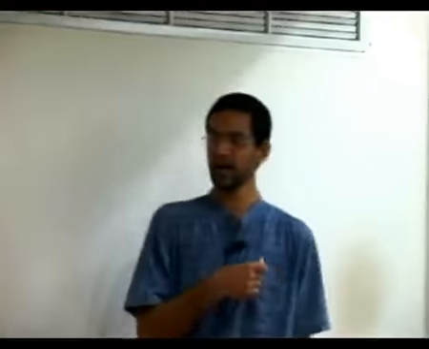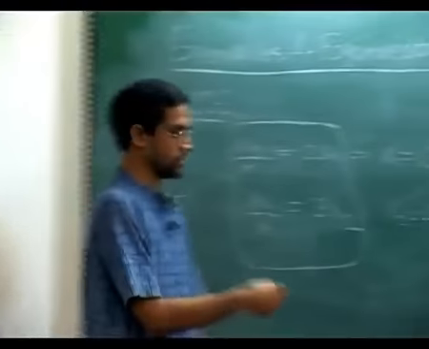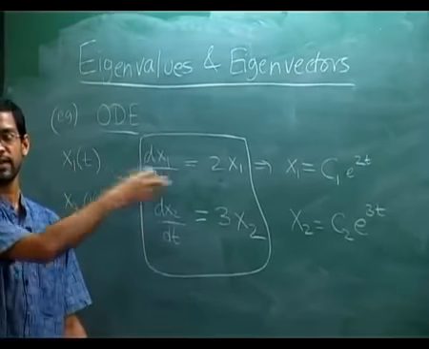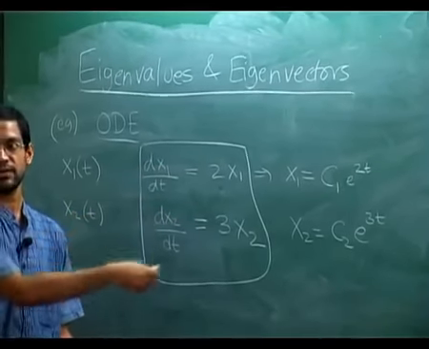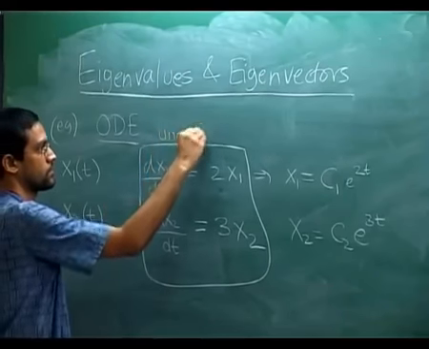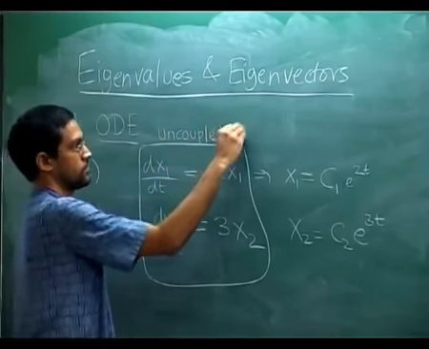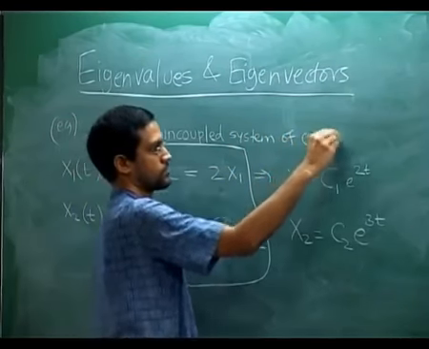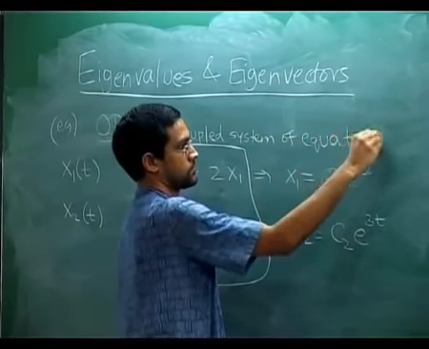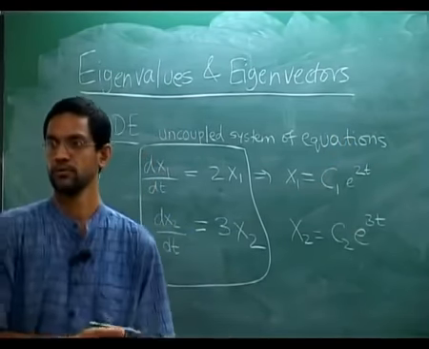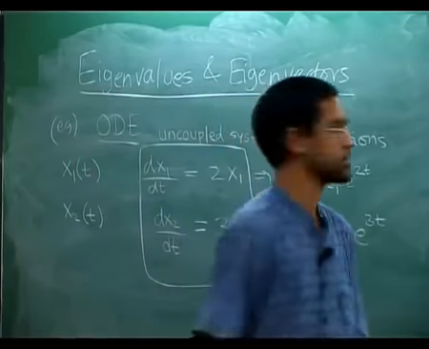This is what you might call an uncoupled system of equations. Here are two equations, but in some sense they are not coupled to each other. One equation only involves x1, another equation only involves x2. And those are very easy to solve because you just solve the usual one variable equation.